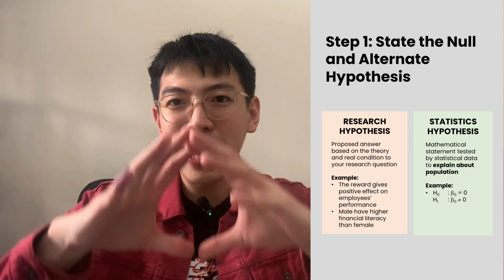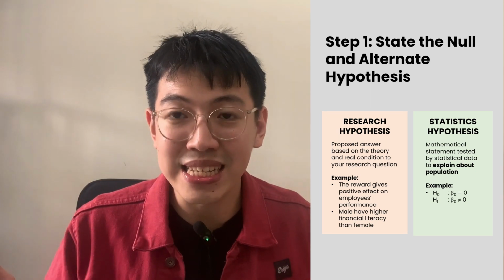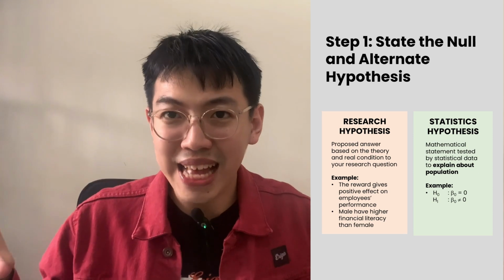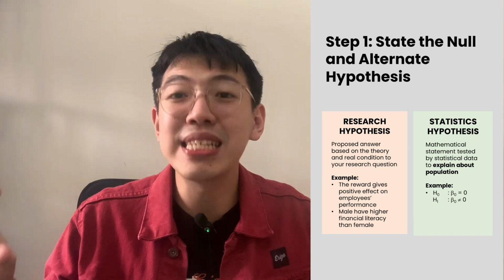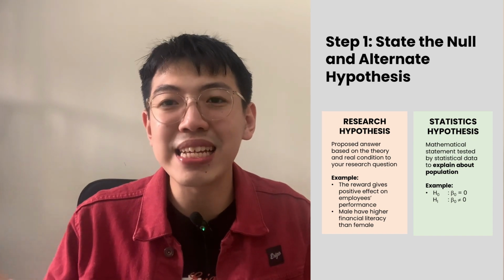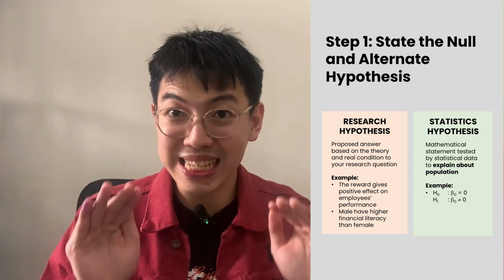So, when you want to explain about population, you will conduct statistical analysis. Before you conduct statistical analysis, you need to create hypothesis. The mathematical statement of the hypothesis, that is statistics hypothesis. The example of statistic hypothesis is like this.